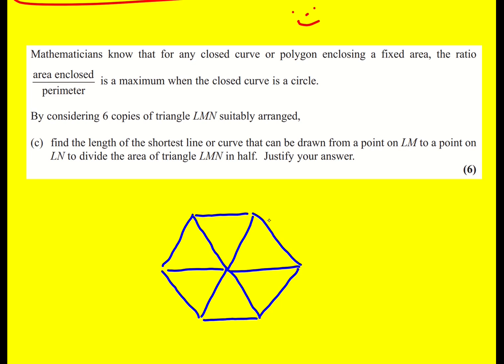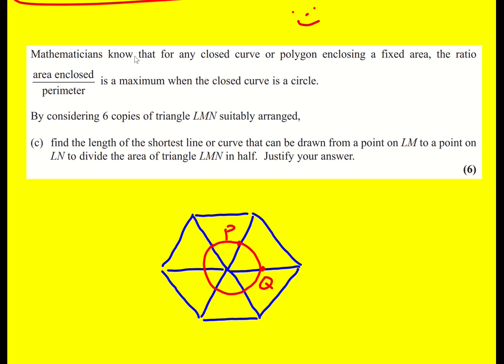Now I'm going to focus on this triangle on the right, and maybe this is P here, and this is Q. Now what the top statement is saying, I think, is that we can draw a circle like this.